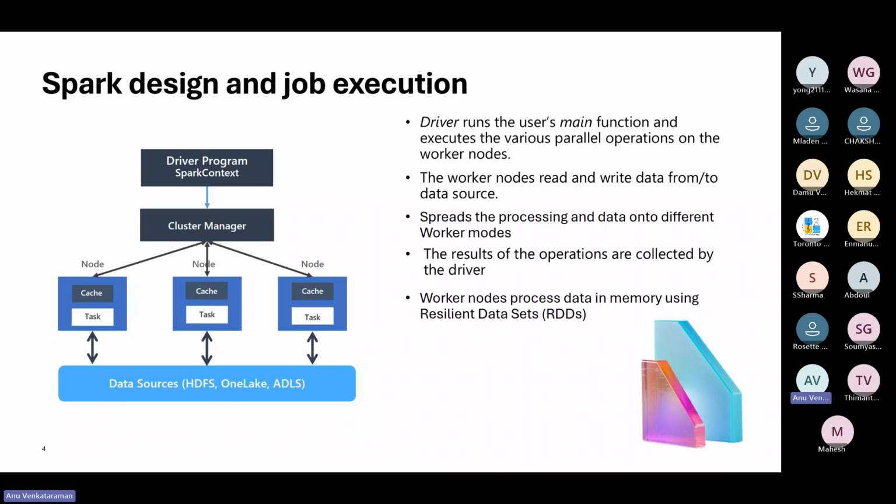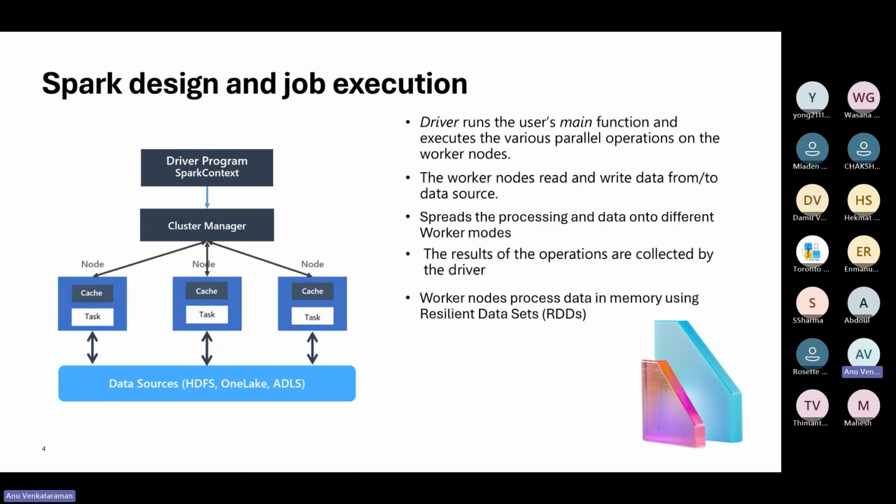Okay. So now, we will see what happens when you submit that Spark job, right? It has a pretty well-designed architecture. It has three layers. One is the driver and executor, and the other is the cluster manager. Between the executors and drivers, there is a cluster manager.